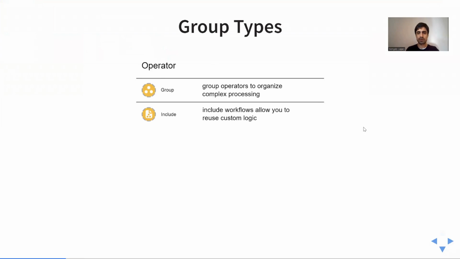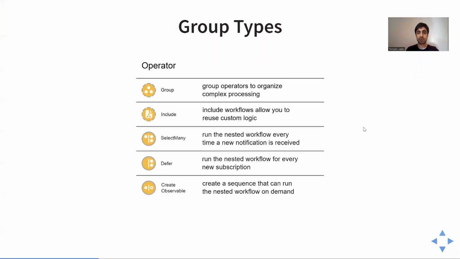Okay, so another topic that we discussed yesterday was these reactive functions that require you to provide a definition inside the nested workflow. For example, select many: we saw that we needed to go inside select many and specify the workflow that's going to generate outputs.